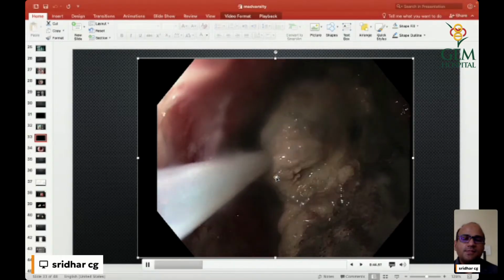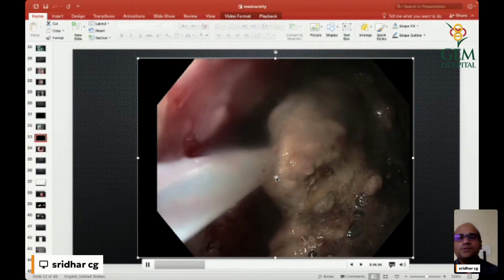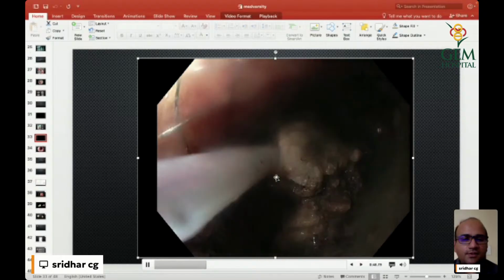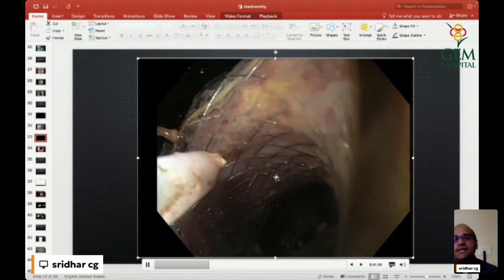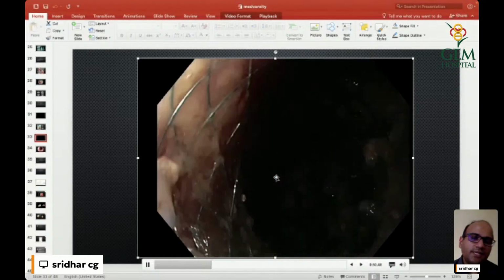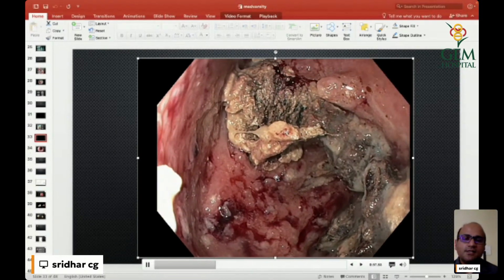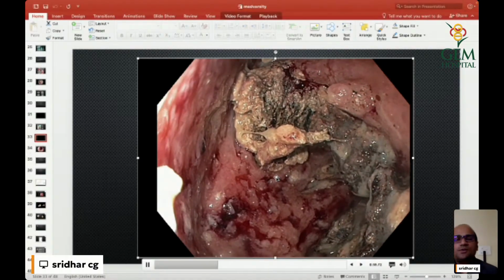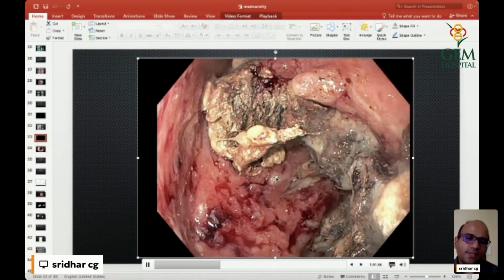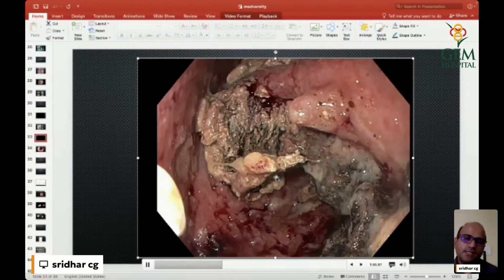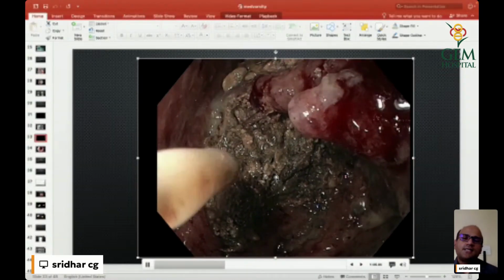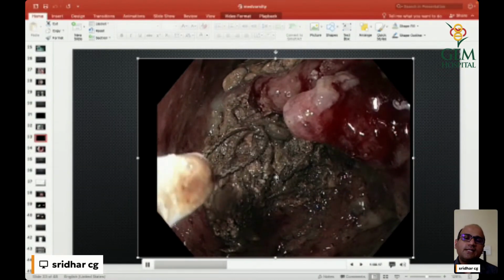We are using simple snares and we need to jiggle the snare a bit and make sure it's free debris and we're not catching on to any vessel or any vascular structure there.